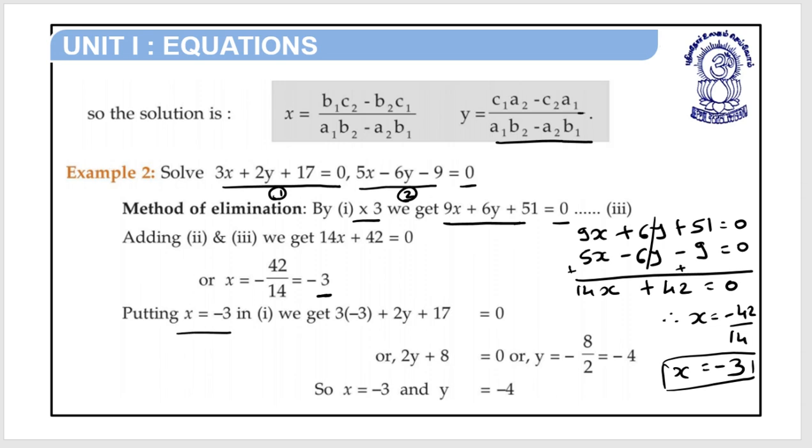Putting x is equal to minus 3 in equation 1, we get 3 into minus 3 plus 2y plus 17 is equal to 0. 3 3s are 9, so minus 9 plus 2y plus 17 is equal to 0. 17 minus 9 is equal to 8. 2y plus 8 is equal to 0, so 2y is equal to minus 8, so y is equal to minus 8 by 2. 2 4s are 8.